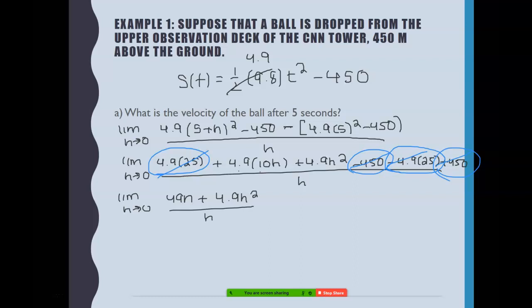So I can cancel an h. And that leaves the limit as h approaches 0 of 49 plus 4.9h, which means that the velocity at 5 seconds is 49 meters per second.